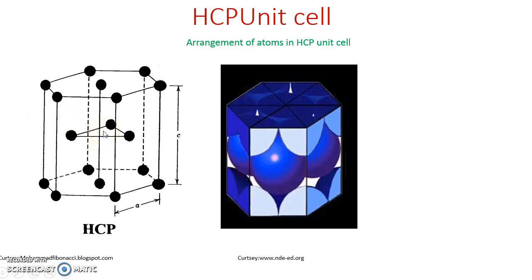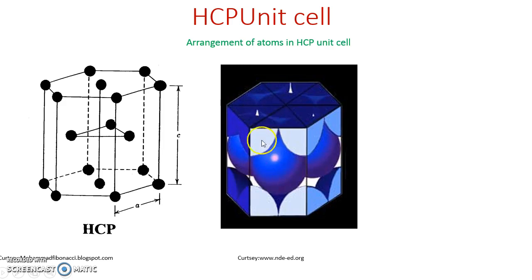Now, this is the geometrical picture of arrangement of atoms in a hexagonal unit cell. The nearby picture shows the real positions of atoms in such a unit cell. Now, at the top hexagonal base, at the face centered position we are observing one atom, and at 6 corners we are observing 6 atoms.